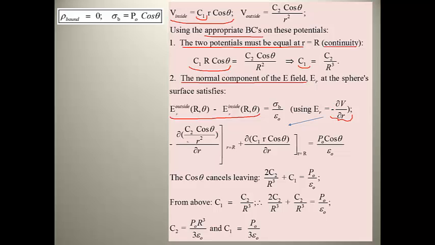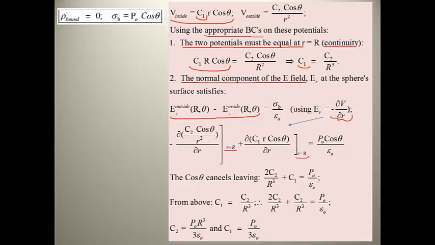So for outside, we have minus the partial derivative of the potential outside with respect to little r, evaluated at r equal capital R. That's E outside. Then we do minus E inside, and so this minus sign and this minus sign give us a plus sign times the derivative.